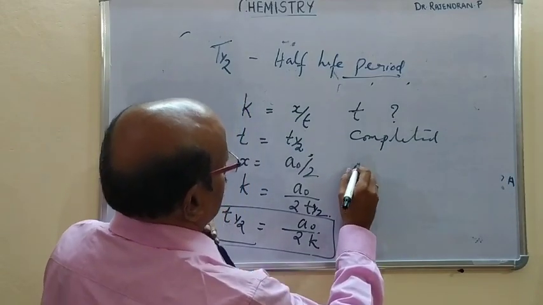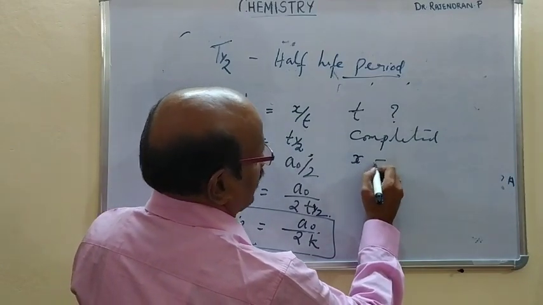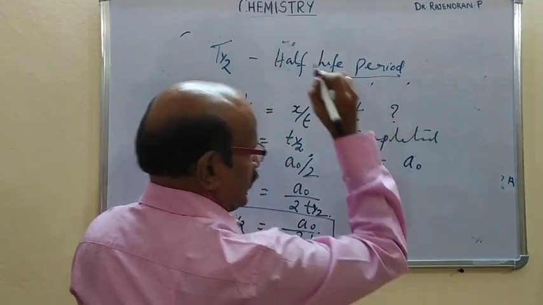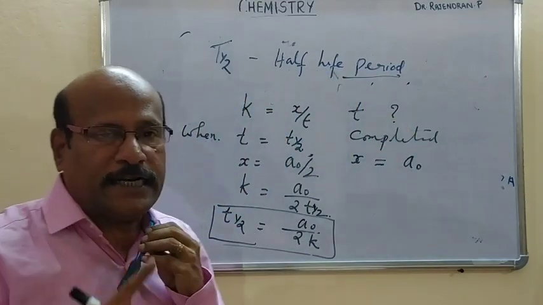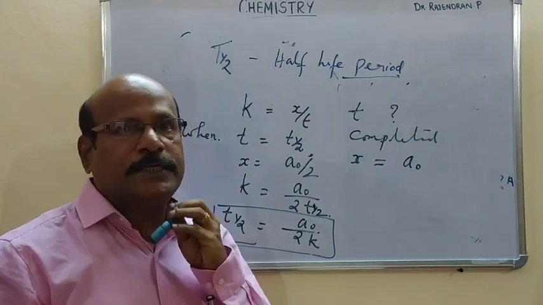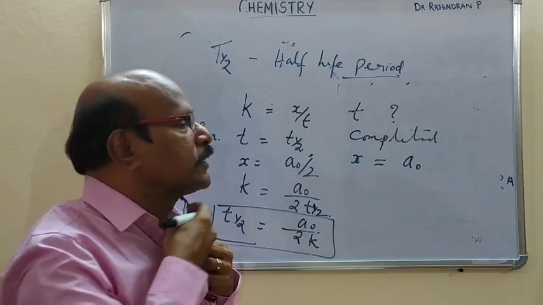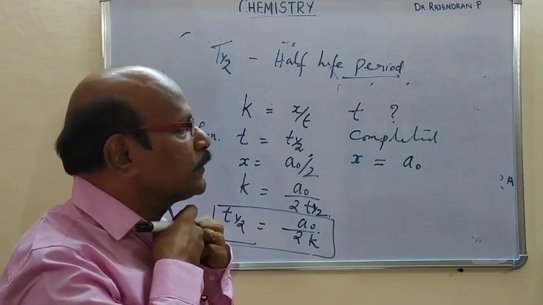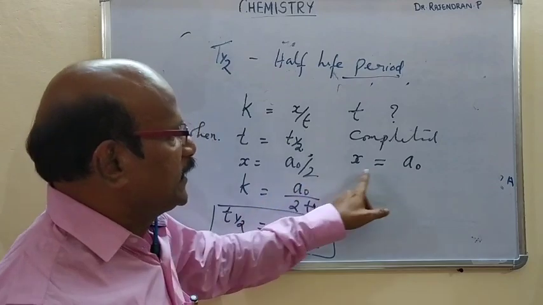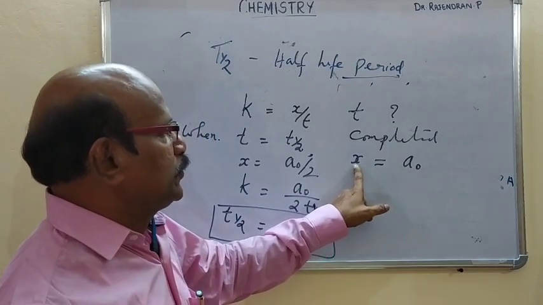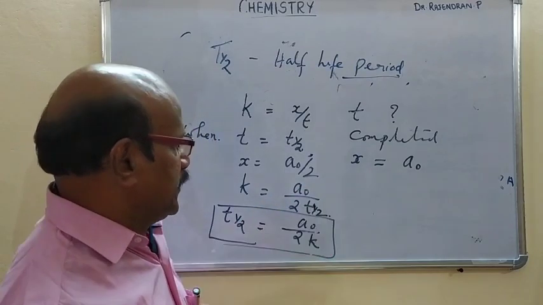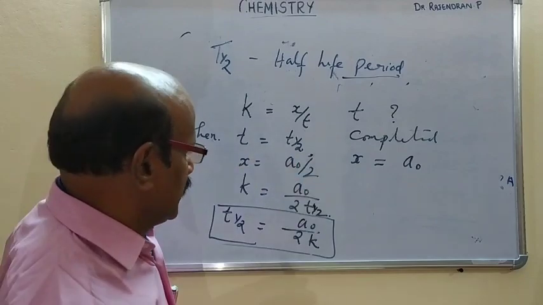At the completion, what happens to x? x becomes equal to A0. That is, all the reactant A0 is now converted to the product x. So x becomes equal to A0 at the stage of completion of the reaction.